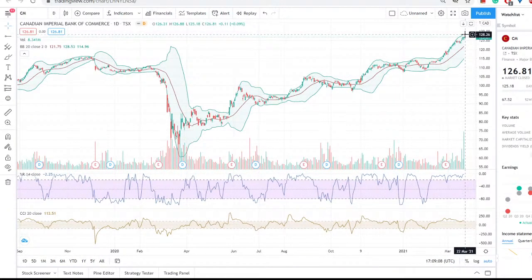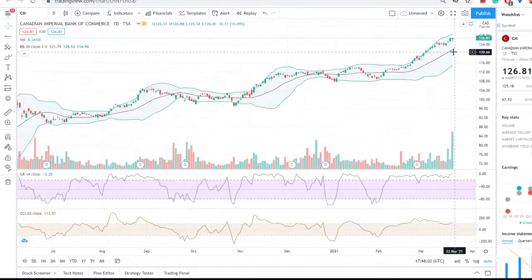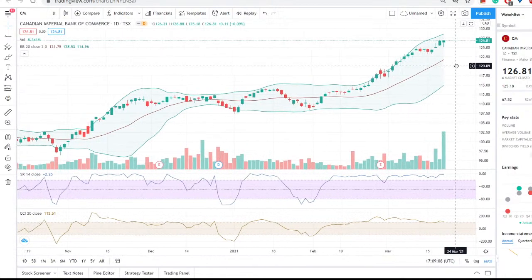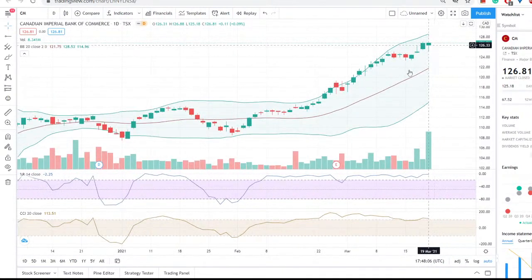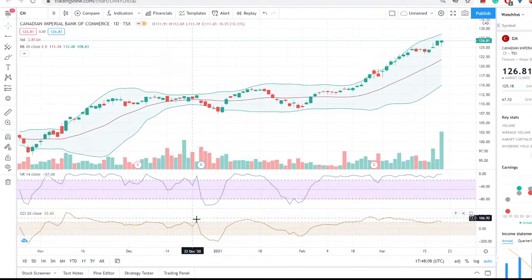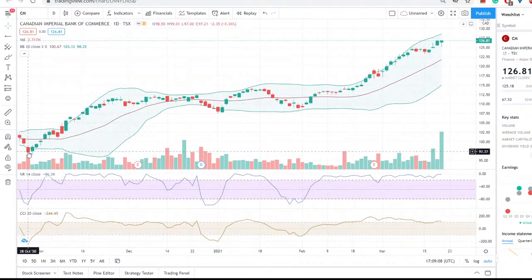Right from November to here. Want to look at the price in November? In November it was 97.